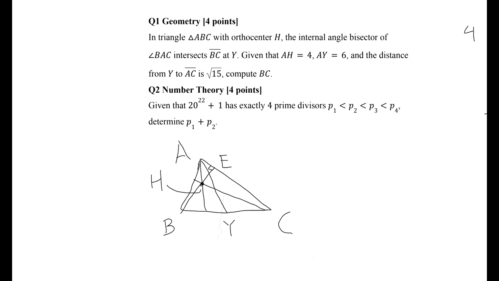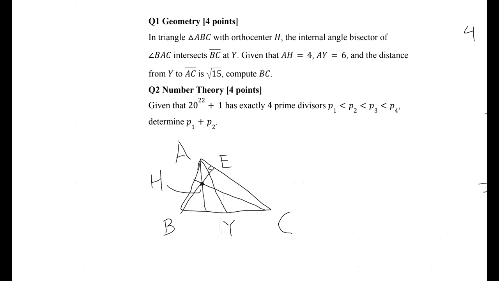And then, from angle chasing, you can show that AHE is equal to this angle, which is 90 degrees minus this angle, which is 90 minus C. So you can find that AHE is the same angle as C. So this will become sine C. Now from the law of sines, we have AB over sine C equals 2R, where R is the circumradius of ABC.